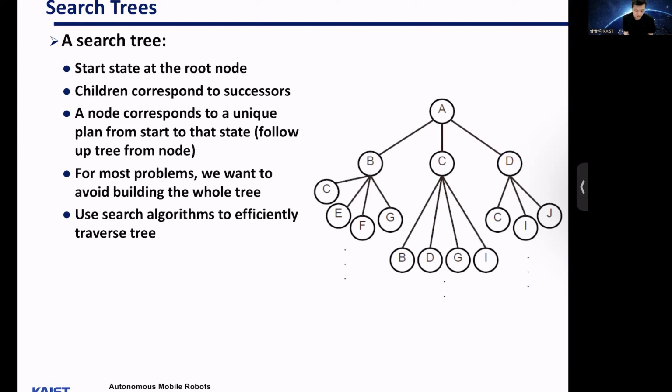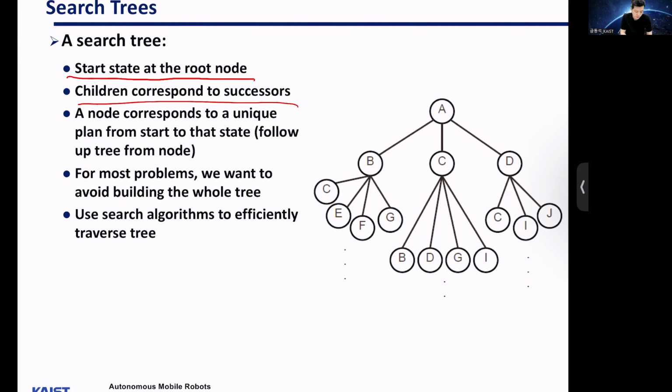So with that in mind, let's see how these search algorithms handle this tree search problem. As I described in the prior slide, the search tree problem is: start state at the root node. Children correspond to successors. A node corresponds to a unique plan from start to that state.